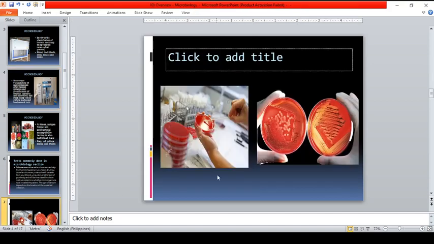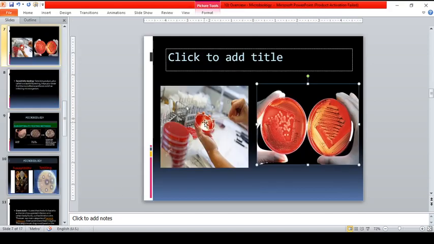So we have here an example of culture media. When you place a specimen that has bacteria, after 24 hours, they multiply in a very fast manner, wherein you can see colonies already. Itong mga to, colonies yung mga yan, and those colonies contain millions of bacteria.